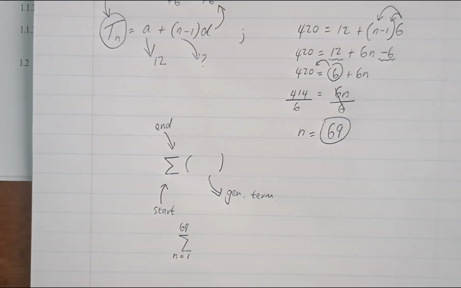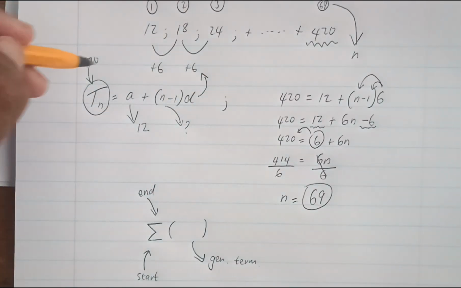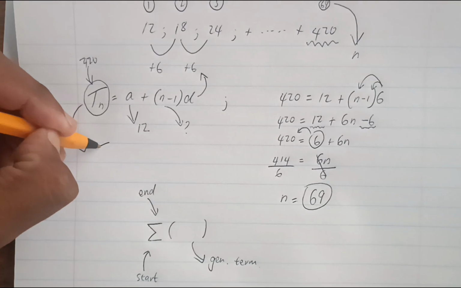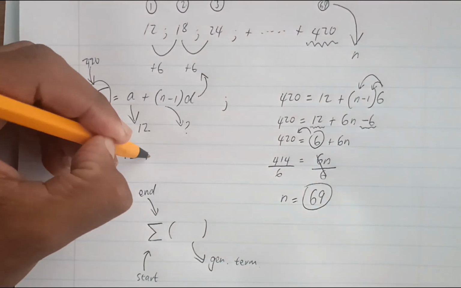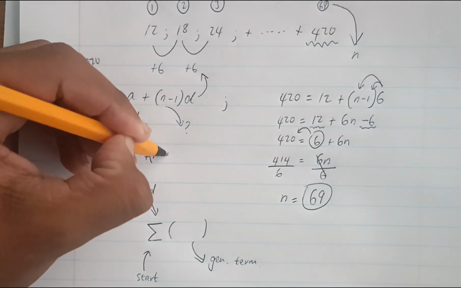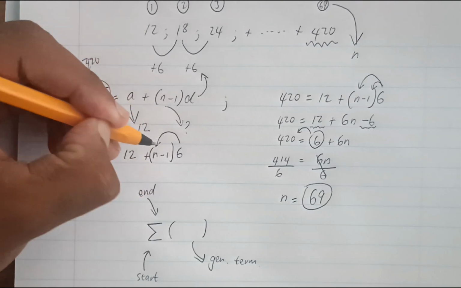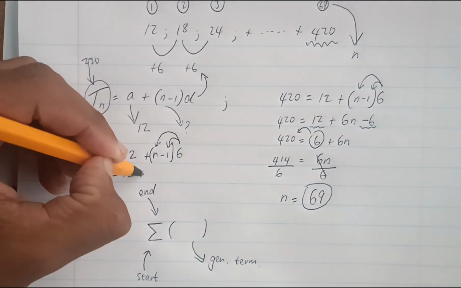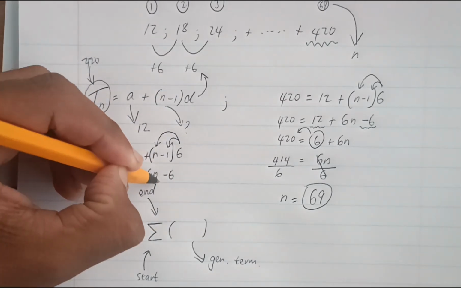And then our general term. We could go back to this formula over here. Maybe we even found it already, but let's say Tn is equal to a, which was 12, plus n minus 1, and d was 6. So let's just simplify this quickly. 6 is going to multiply in. It's going to be 12 plus 6n minus 6. These are again like terms.